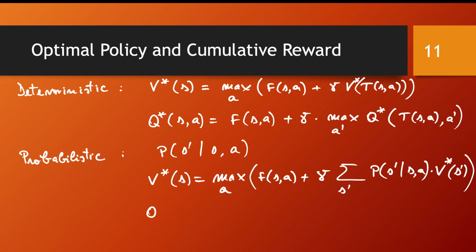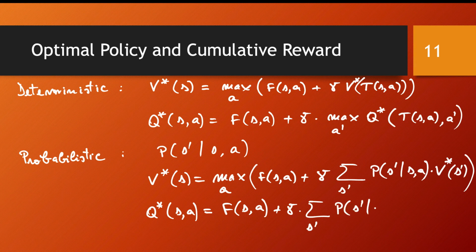And similarly, in this case Q star of S and A is simply equal to, first I get my immediate reward, f of s and a, plus the discount factor. And again, because I'm not sure which state I'm going to be in, each one of them comes with a certain probability, I'm summing up over all of them, and it's the same idea. First I have to account for the probability of reaching that state, being in S and taking action A, and then once I am in that state, it's all a matter of continuing, optimizing.